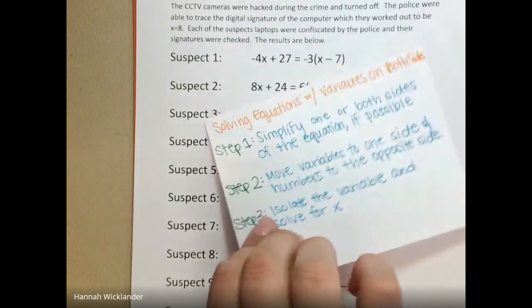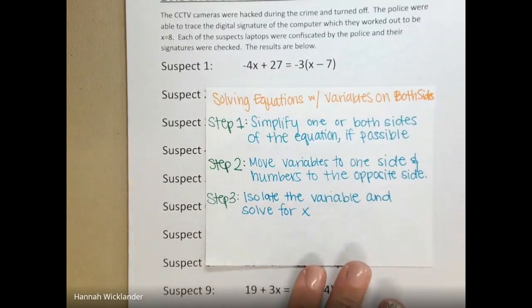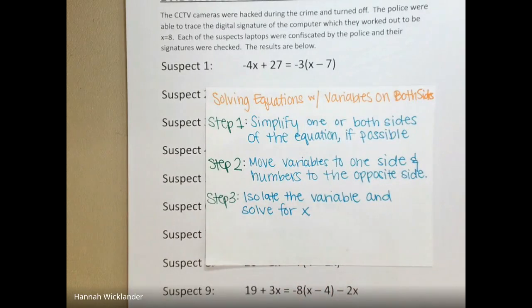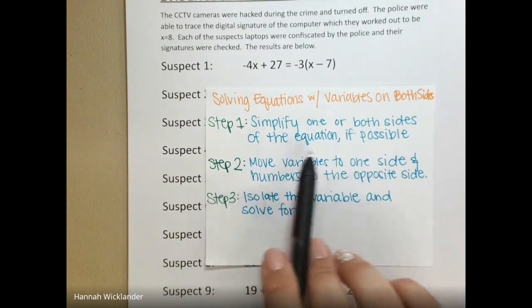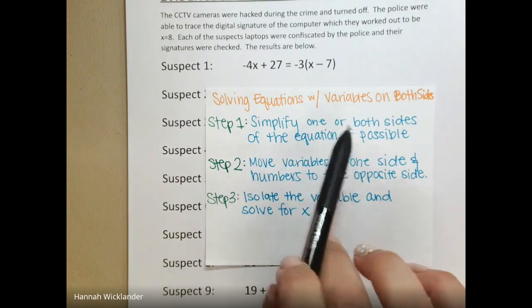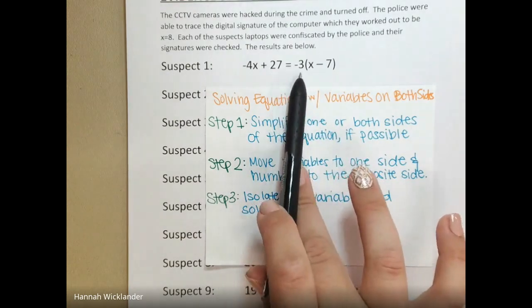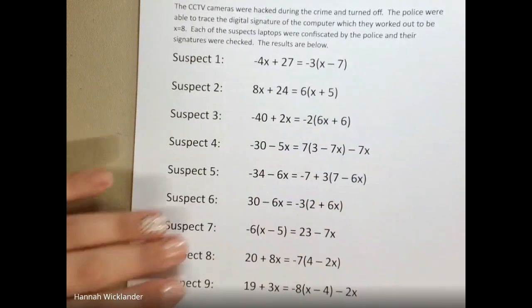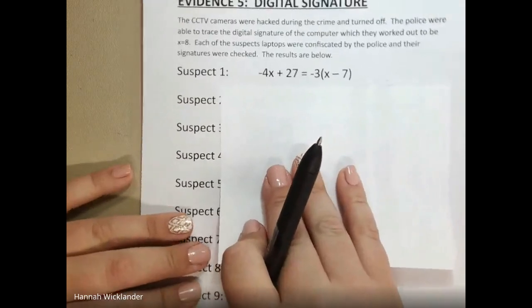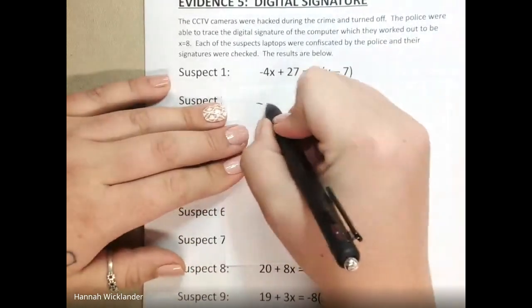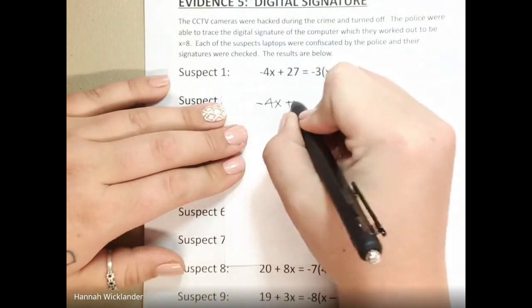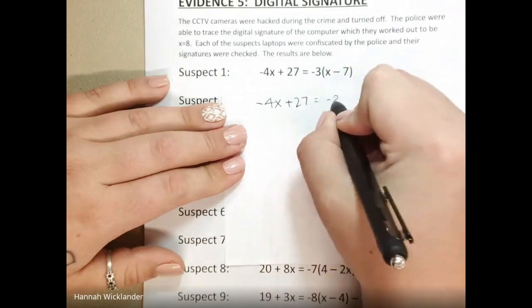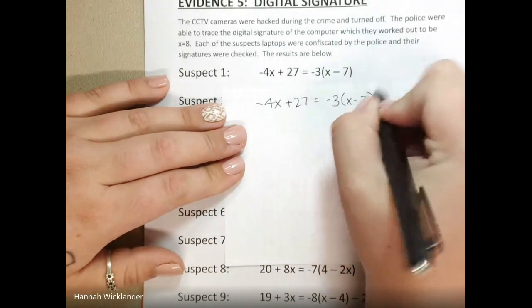Back to my solving equations with variables on both sides little cheat sheet with the steps. Step 1 is to simplify one or both sides of the equation if possible. So here I can simplify because I want to get rid of my parentheses. So we're going to do step 1. So I have negative 4x plus 27 equals negative 3x minus 7.